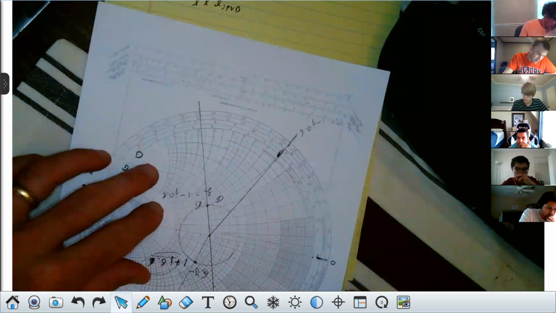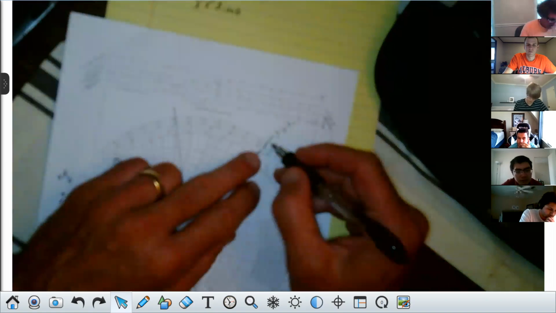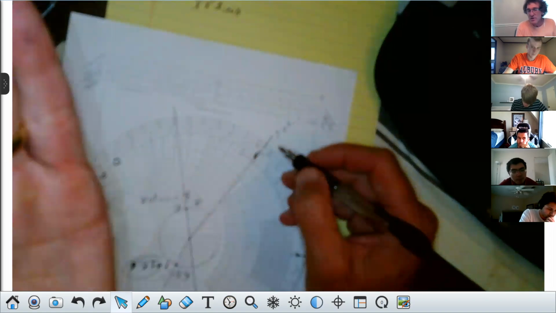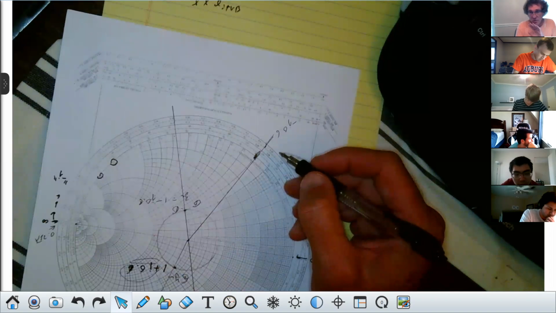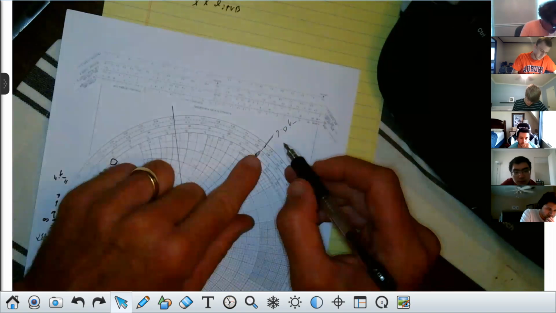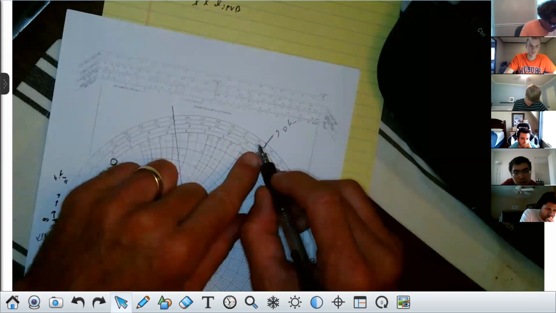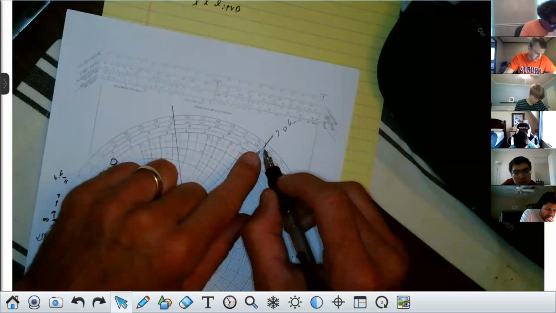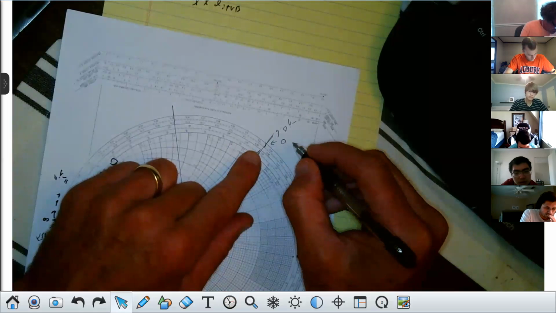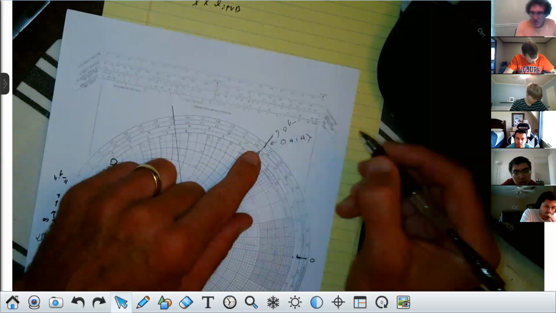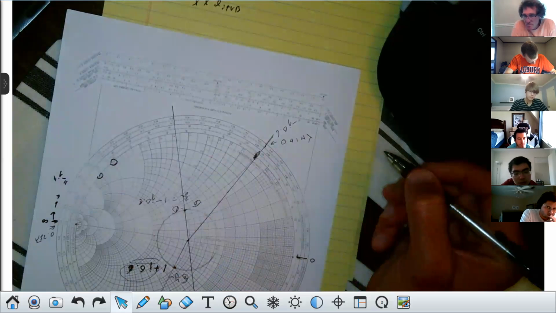Flip it up here, and I always look at things so I can read the numerals normally, not upside down. So if I look here, I've got 0.412, 0.414. So this looks like about 0.414 lambda. Do you agree with me? You get about that?